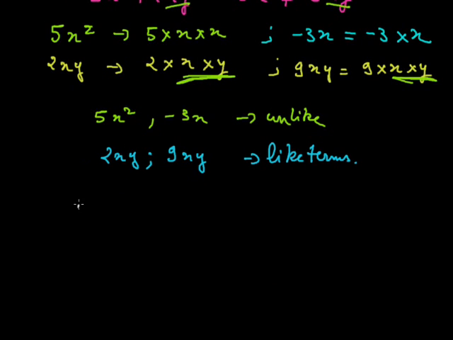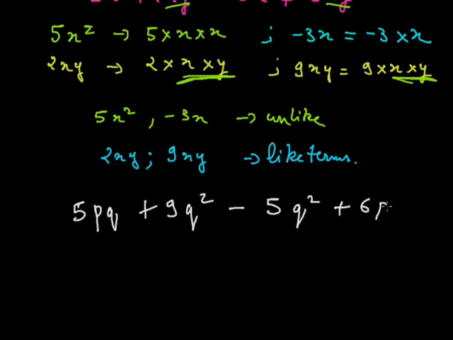Now if we have an expression 5pq plus 9q square minus 5q square plus 6p, then in this expression 5pq has the factors 5, p and q. The second term 9q square has the factors 9, q and q.